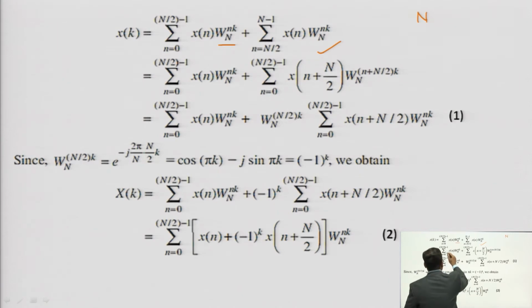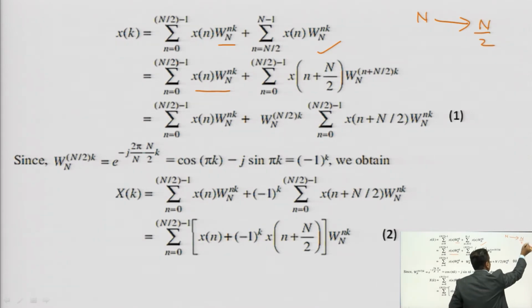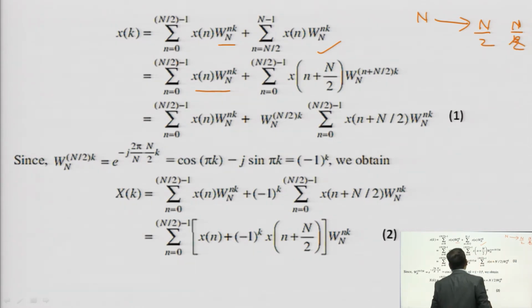Now, n from 0 to N by 2 minus 1, x of n into W N to the power nk. Because you are dividing your N into two equal parts, N by 2 and N by 2, both sequences are of length N by 2. That is why you take the summation limit from small n equals 0 to capital N by 2 minus 1.